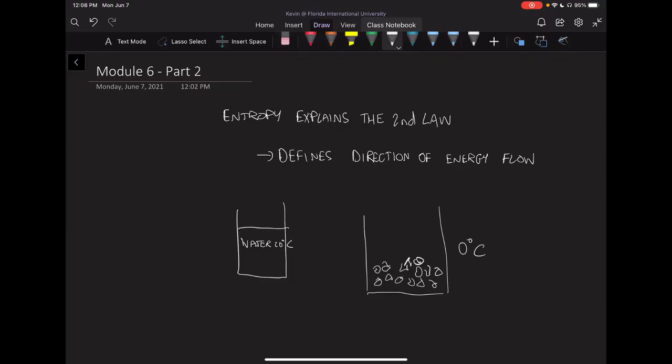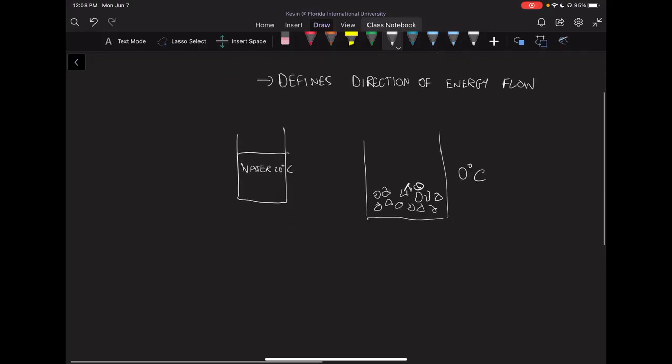The question is, which one has more entropy? Is it the water at 20 degrees or the ice? Well, the water at 20 degrees has more entropy, and therefore the ice has less.